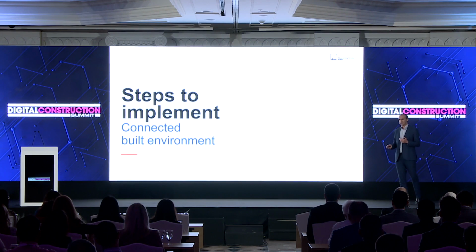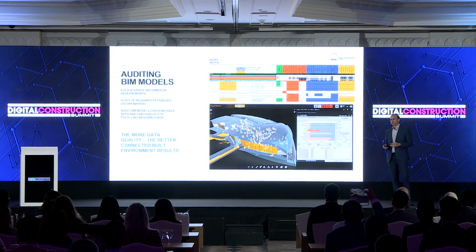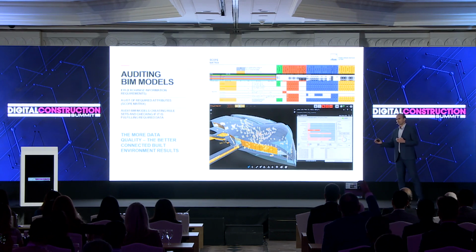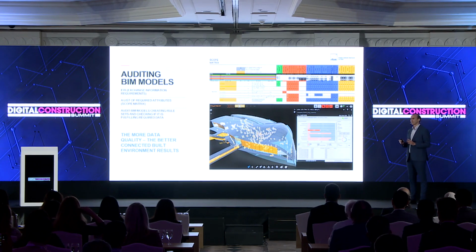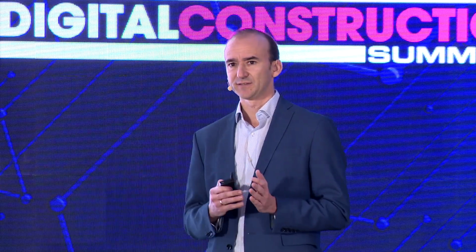Of course, to get there, we have to follow certain steps. The first step is to do an audit and assess the quality of the data on the models. As we have all these different silos of data, we have to ensure that the data we have on the models can be connected to these silos.